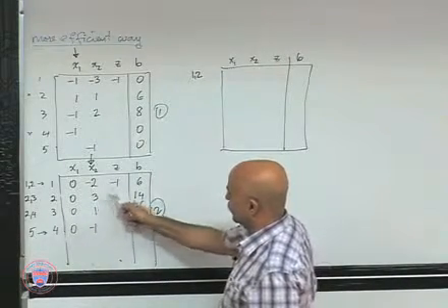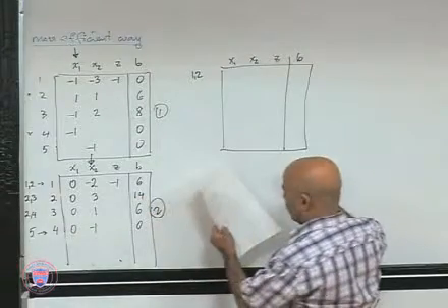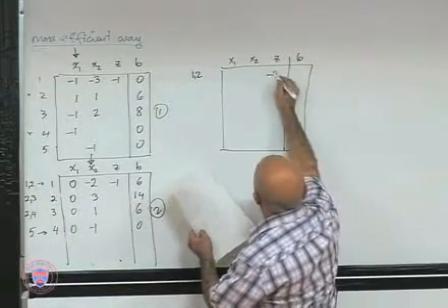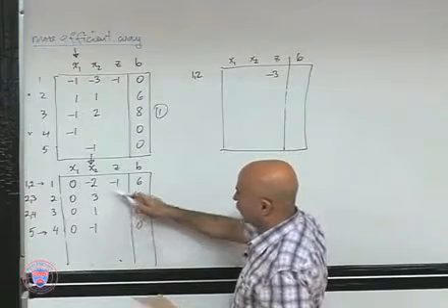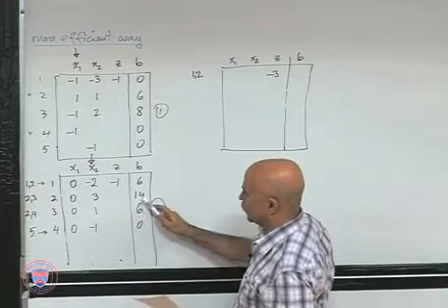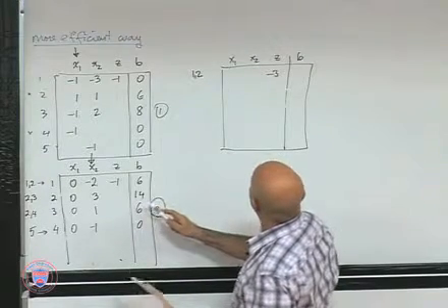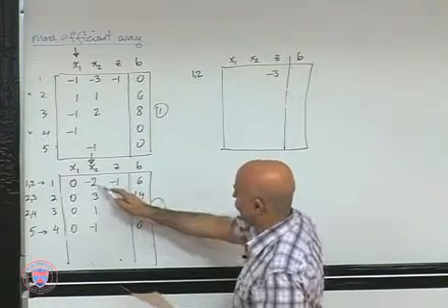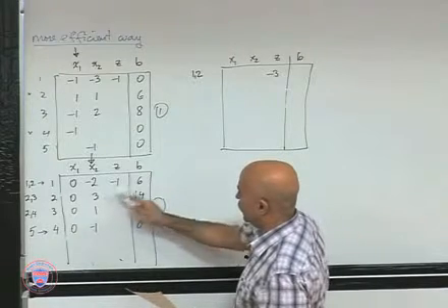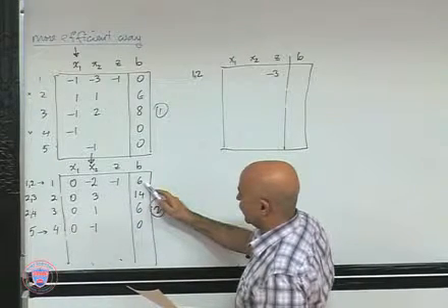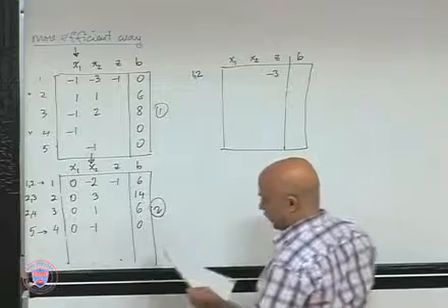Minus 2 times 0, 3 times minus 1, that's going to be minus 3. And then minus 2 times 14, we're doing 1 and 2, right? Minus 2 times 14, 3 times 6. How much is that? 18 minus 14.